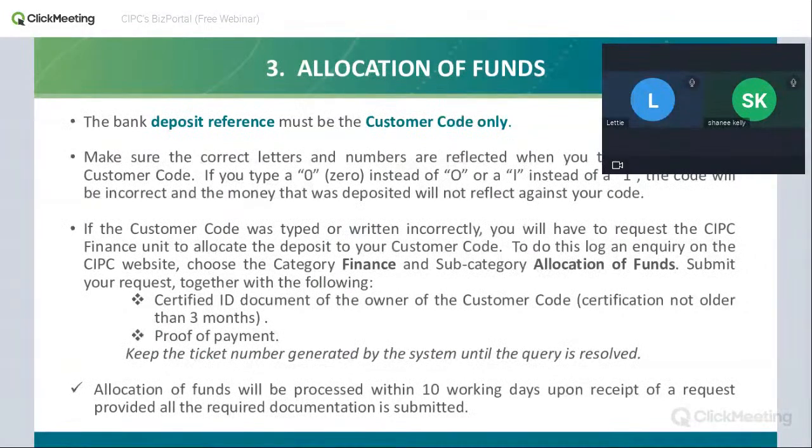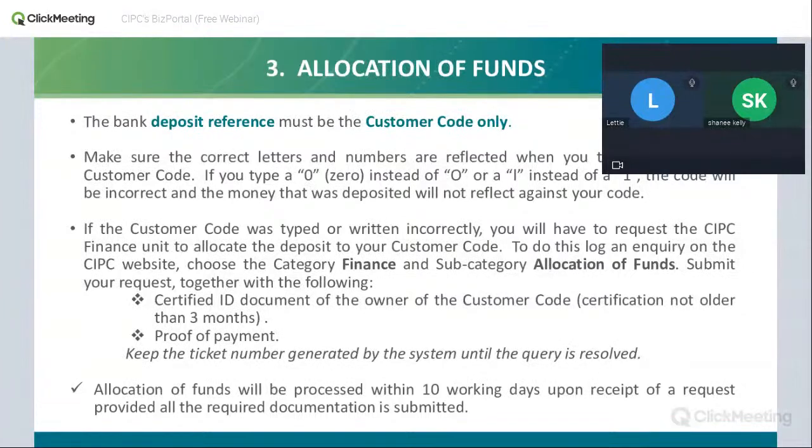Number 3, allocation of funds. The bank deposit reference must be the customer code only, not your name, not your ID number, not any other information except your 6-character customer code. Make sure the correct letters and numbers are reflected when you type or write your customer code.